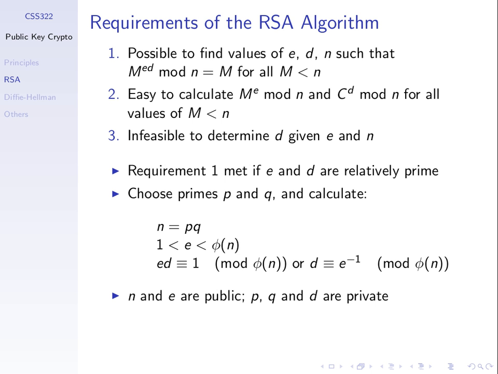No. The requirement is that E should be relatively prime with the totient of n. That is, the value that you choose should be relatively prime with 160. Which means that the greatest common divisor of those two is 1. There are multiple values where that is true.